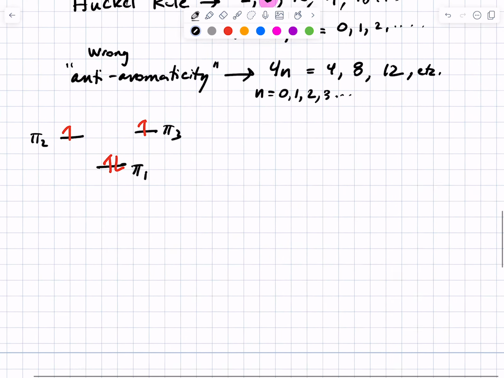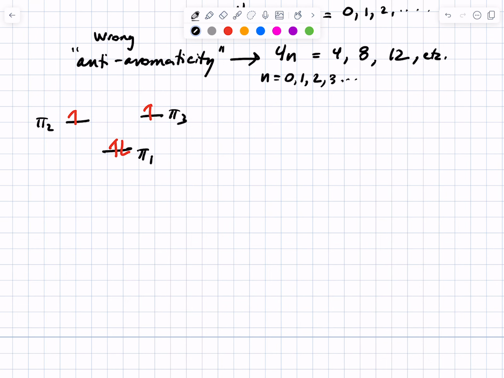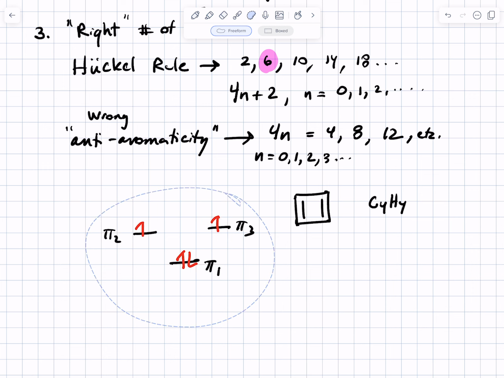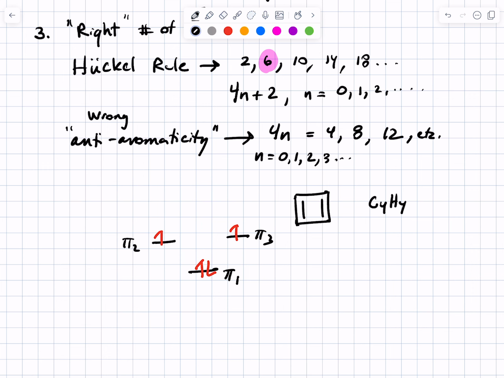All right, so for example, let me show you an anti-aromatic molecule. This is cyclobutadiene, C4H4. And it turns out that the pi orbitals for cyclobutadiene look exactly like we would predict from our analysis above. That is, you have one orbital that's lower in energy, a pair of degenerate orbitals here, and then a higher energy orbital here.